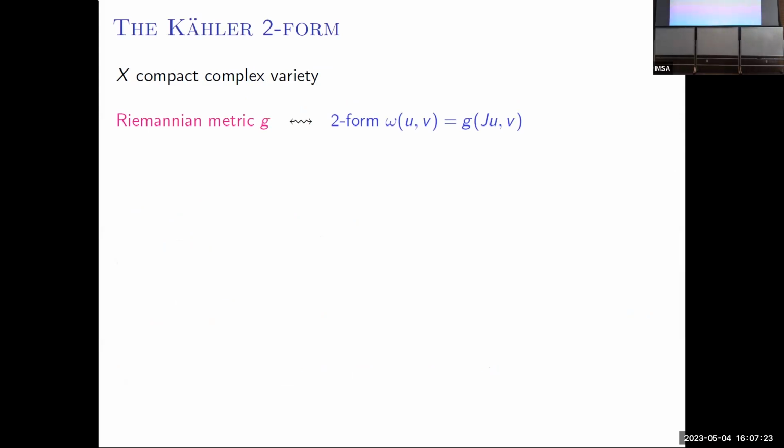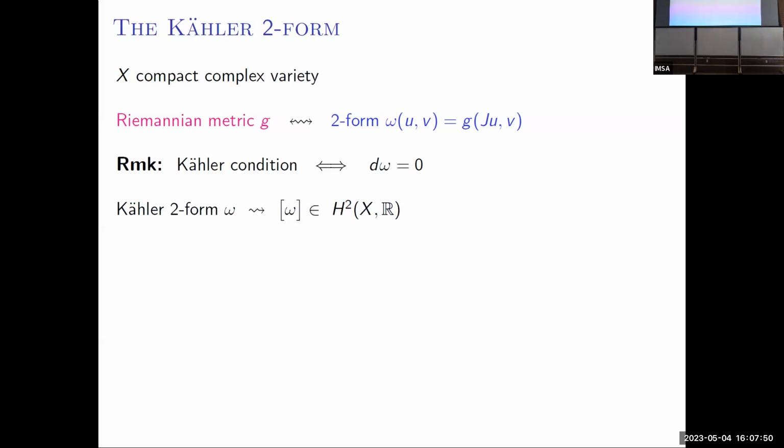You can cook up a two-form from a Riemannian metric on the complex variety in this way, and from the two-form we can also recover the Riemannian metric. The Kähler condition from the point of view of the two-form is just asking that the two-form is closed. In this case, we call it the Kähler two-form.